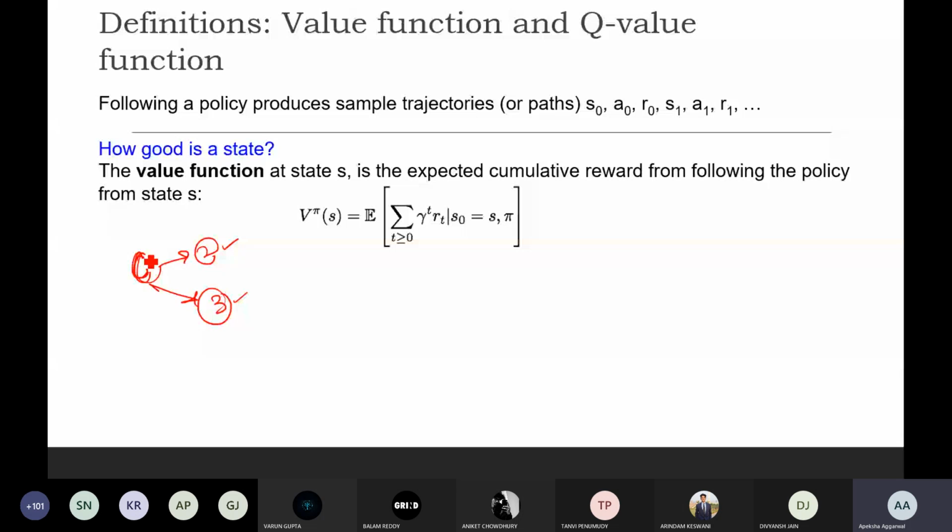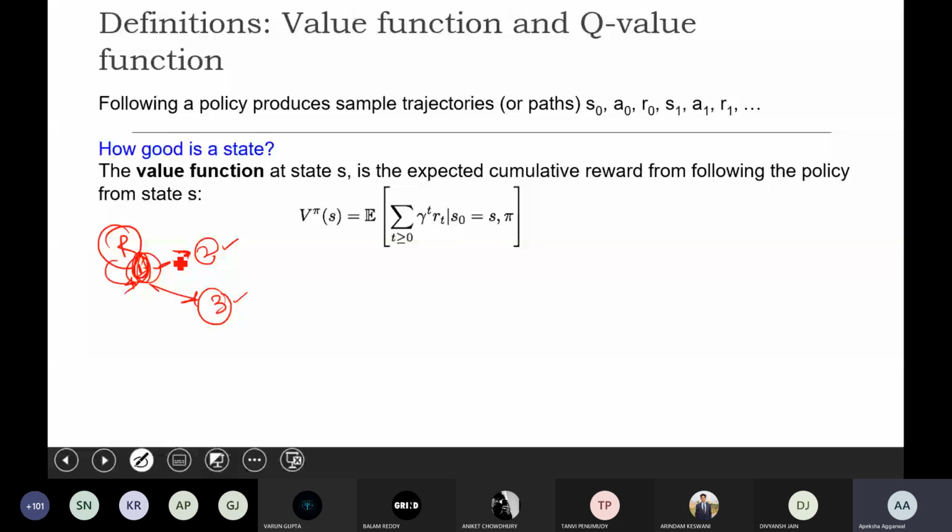The value function is basically the expected cumulative reward from following the policy from state S. So if from state S I choose the policy where I go to 2, what would my expected reward be? What reward do I generate at this one?